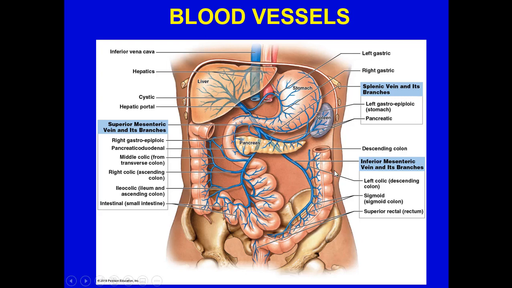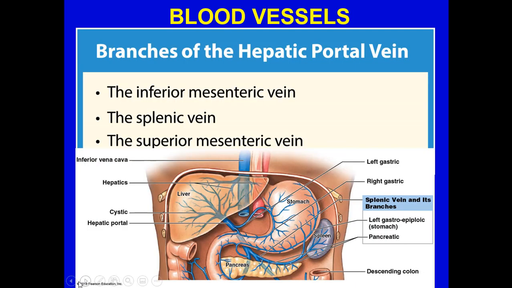Okay, so anything that leaves here has to still go through the liver, and then it will get into the inferior vena cava. All right, so I've mentioned these: inferior mesenteric, splenic vein, and superior mesenteric vein.